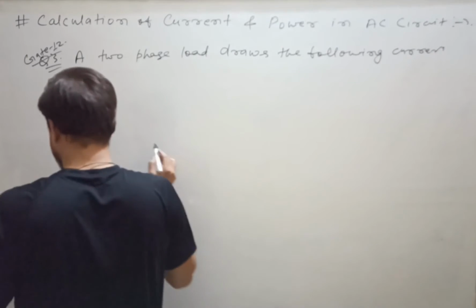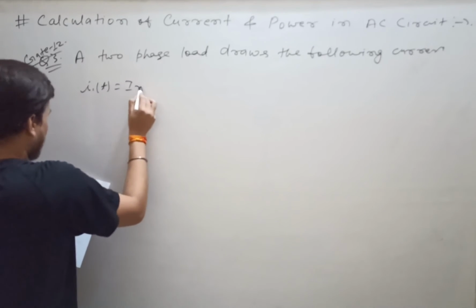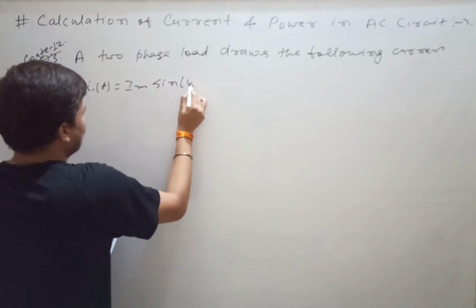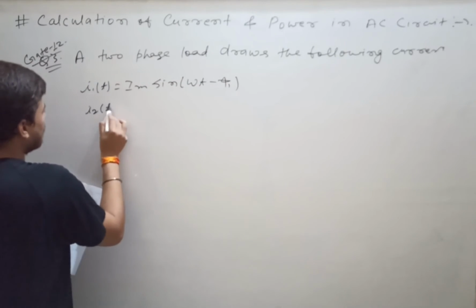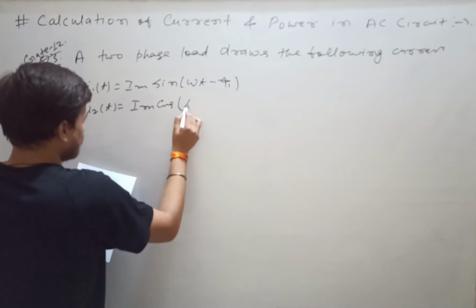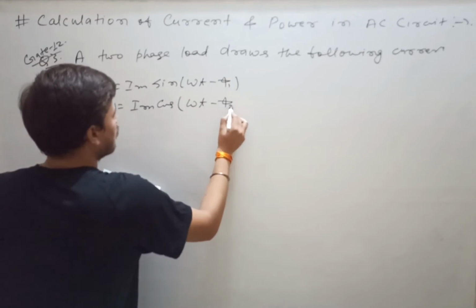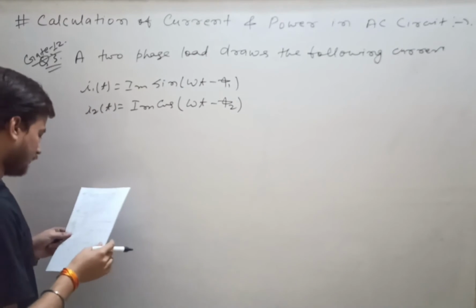Current is given as I1(t) equal to Im sin(omega t minus phi1) and I2(t) will be equal to Im cos(omega t minus phi2). Clear? These are the currents I1(t) and I2(t).